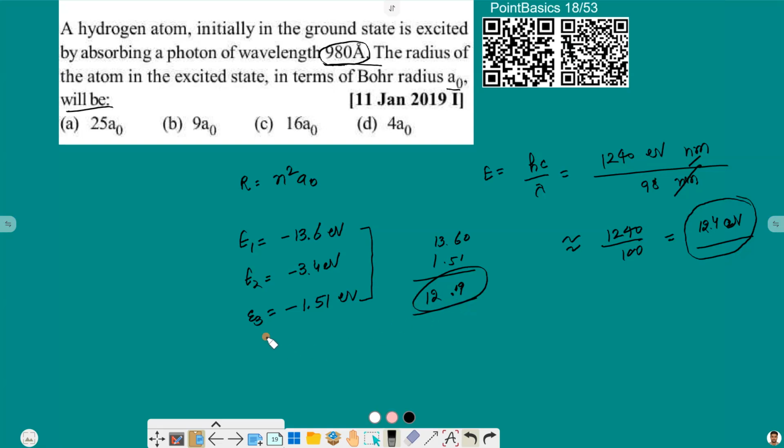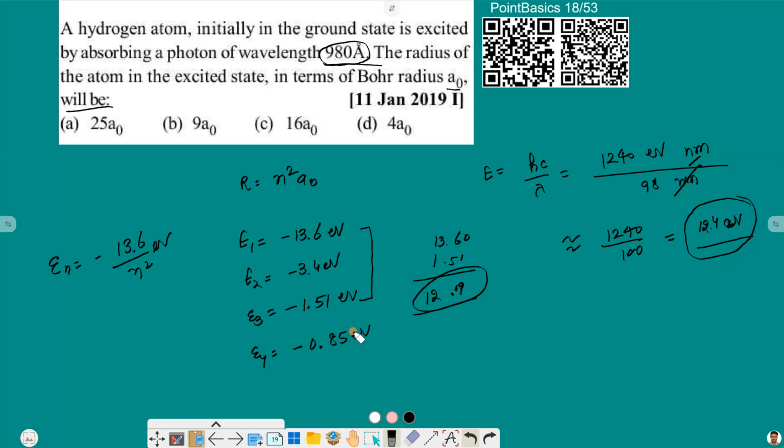So I think it may be a possible answer. Let's check for E4 also, and that will be negative 0.85 electron volt. And how do I calculate this? En is minus 13.6 by N square electron volt.